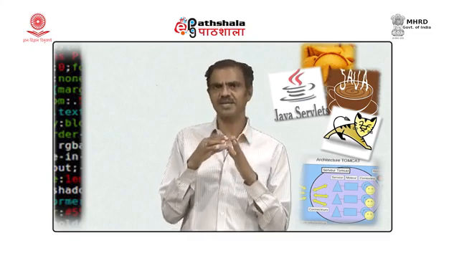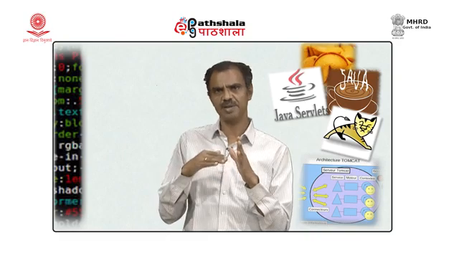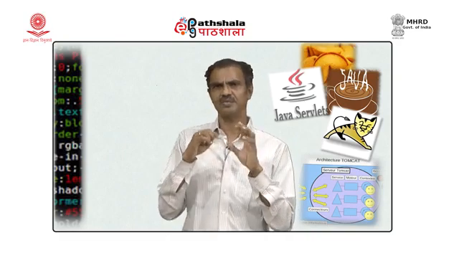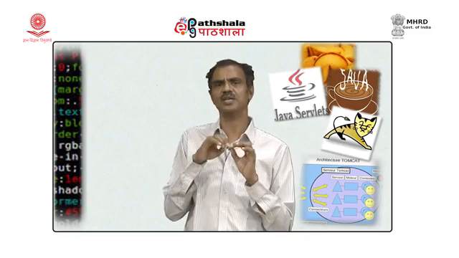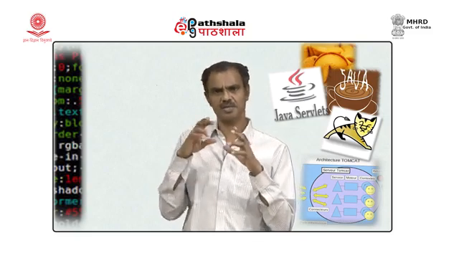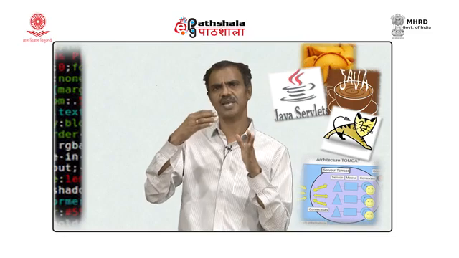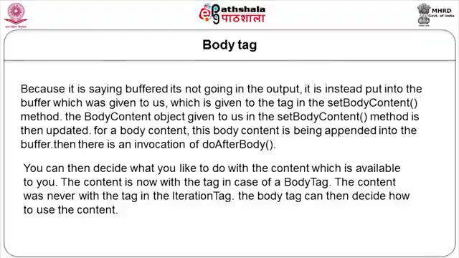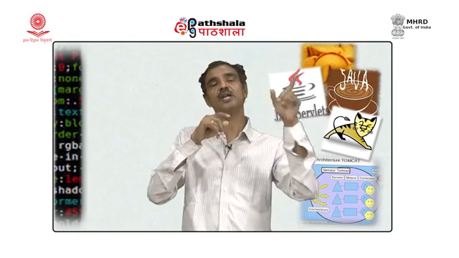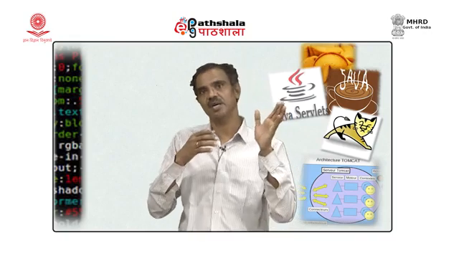These could be used for initialization purposes, and then the evaluation of the body content would take place, and similar to the iteration tag, it would invoke the method doAfterBody. But what is this evaluation? It is not going to evaluate this JSP and put it in the output, because it is buffered. Instead, it is put into the buffer which was given to the tag in the setBodyContent method.